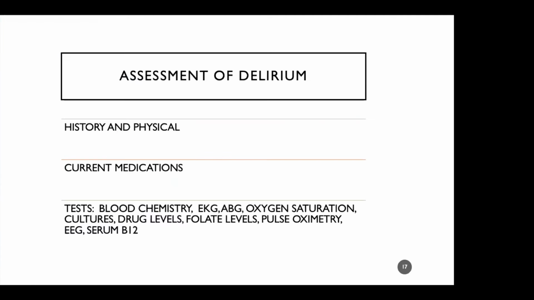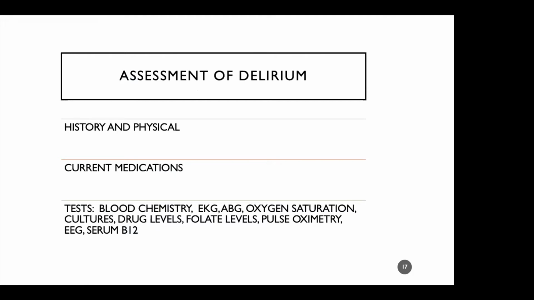Next slide. And so an assessment is very important. So, getting a good history and physical, looking at the entire list of medications, including any that are over-the-counter, herbs, vitamins, all of that. And then these are some of the standard tests which are recommended.